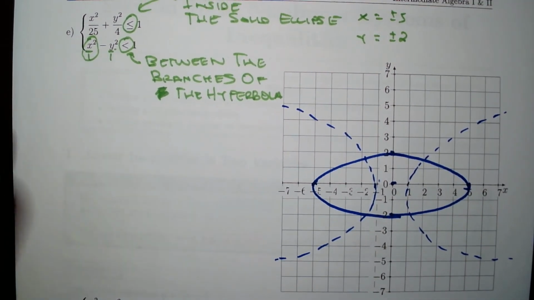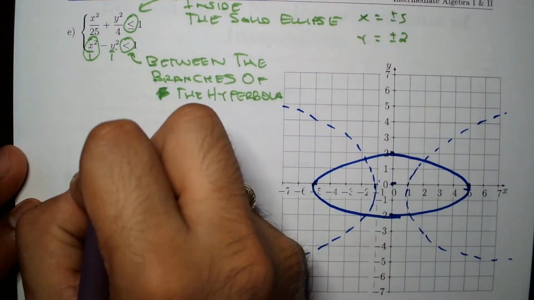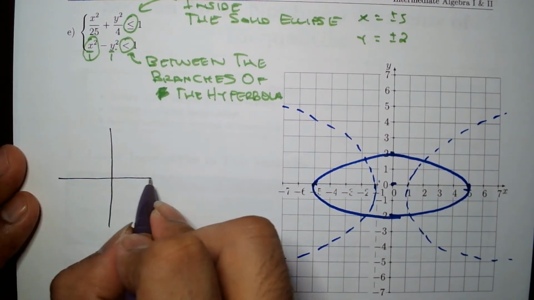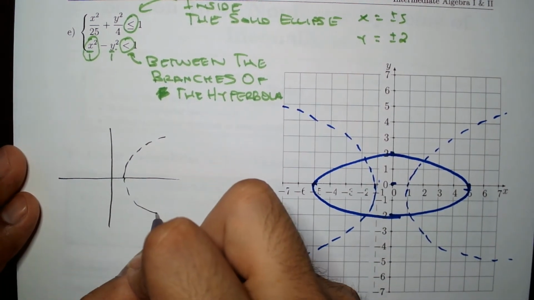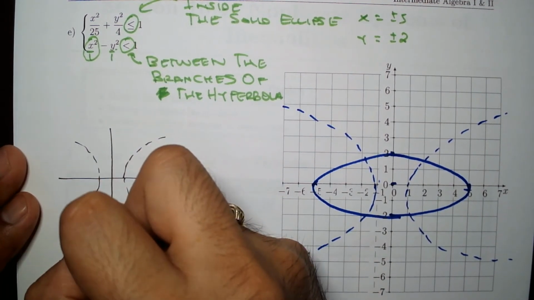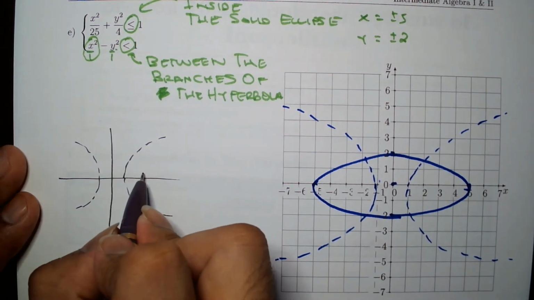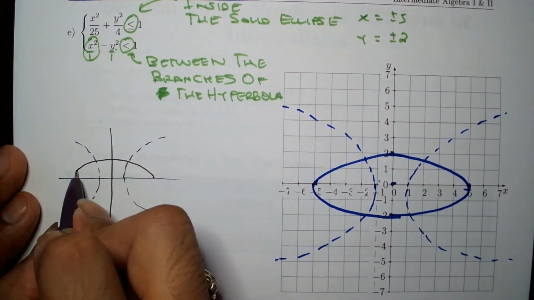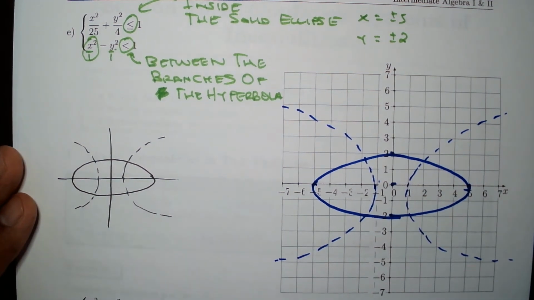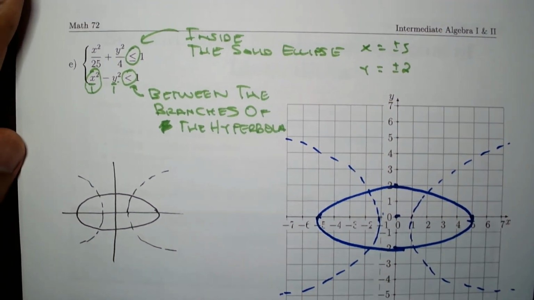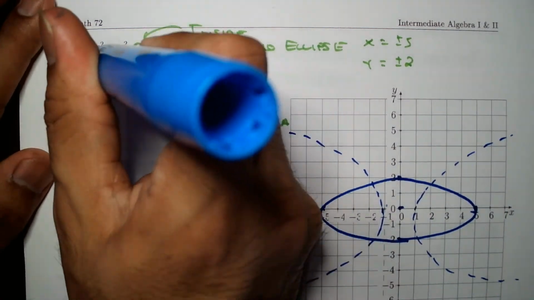Again, we are going to do some scratch work. Let me draw the hyperbola. And let me do the ellipse. All right, so blue is the ellipse.